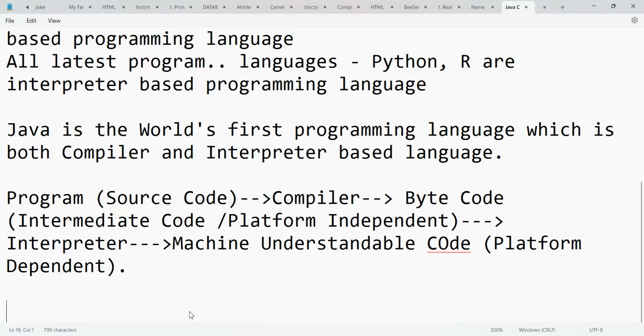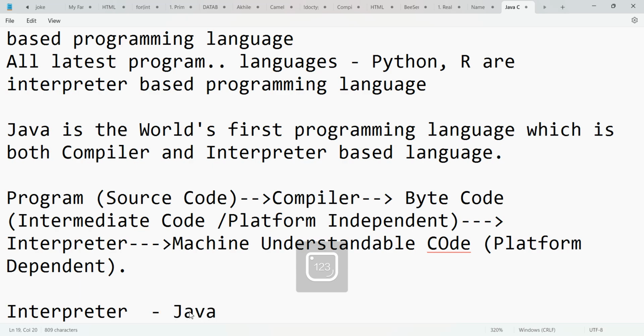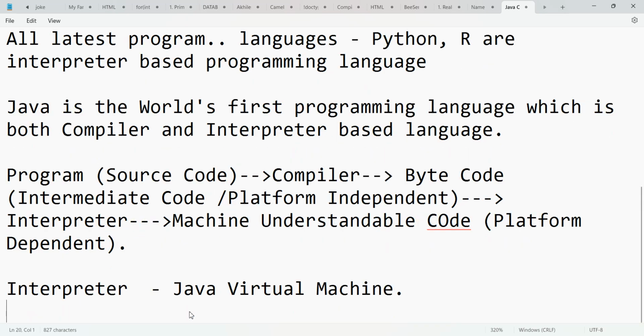Another important point you need to know is this interpreter is nothing but the Java virtual machine. And one more important point is the Java source code.